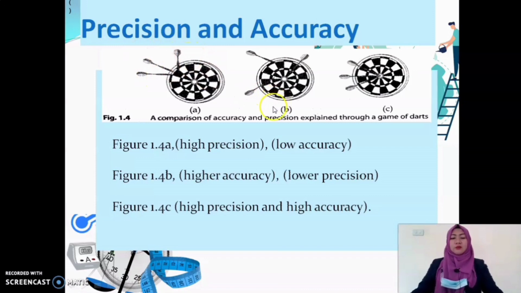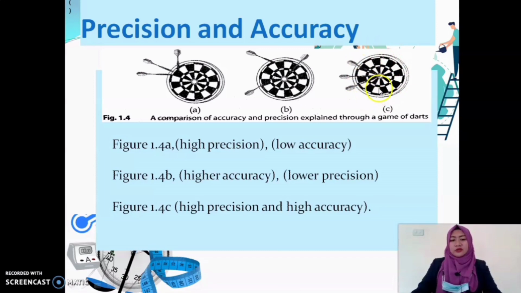For figure 1.4b, your data or the darts are almost close to the center. Therefore, higher accuracy than figure 1.4a. However, the values here are a little bit far from one another. Therefore, they have lower precision.